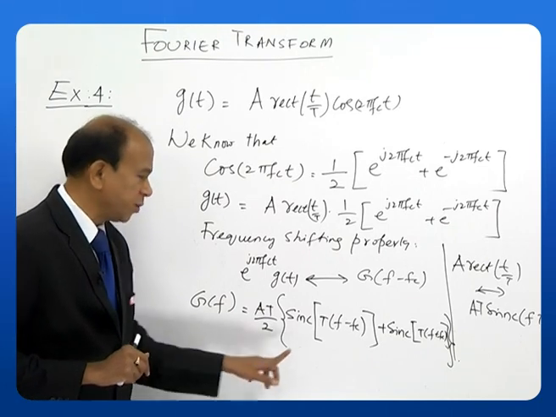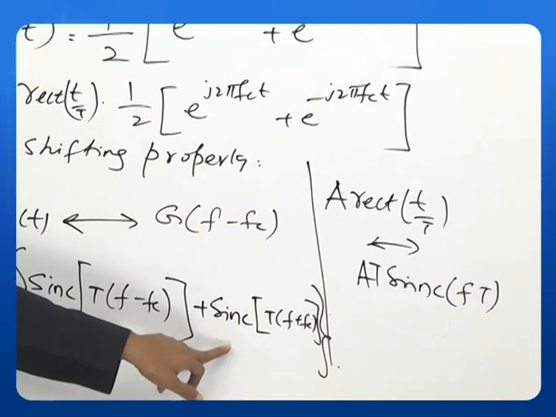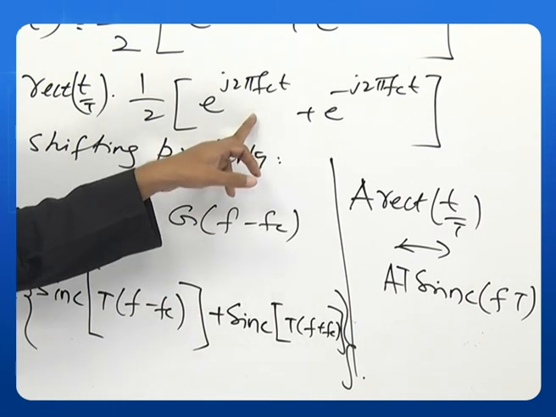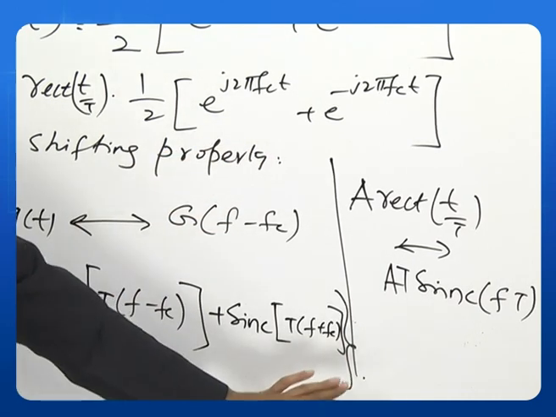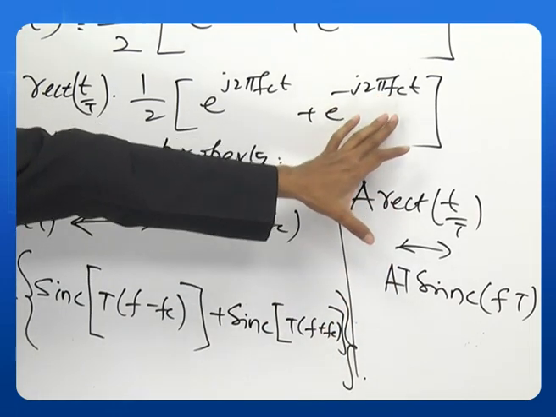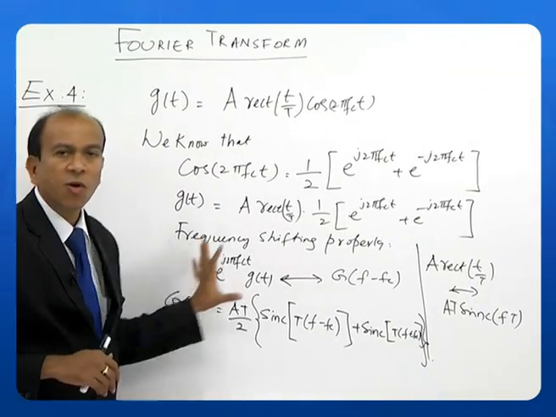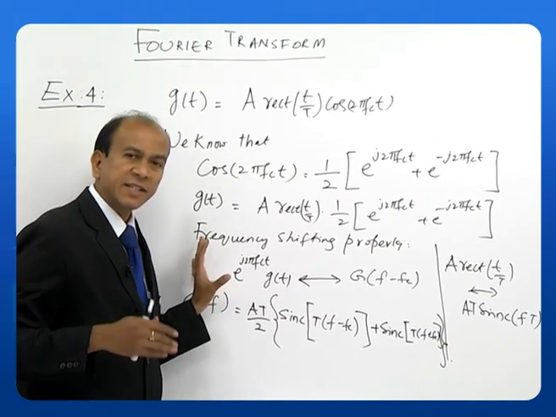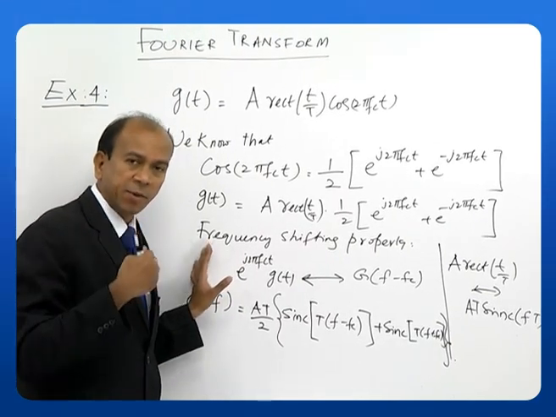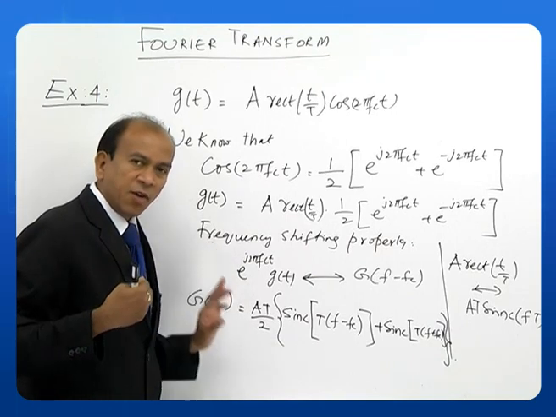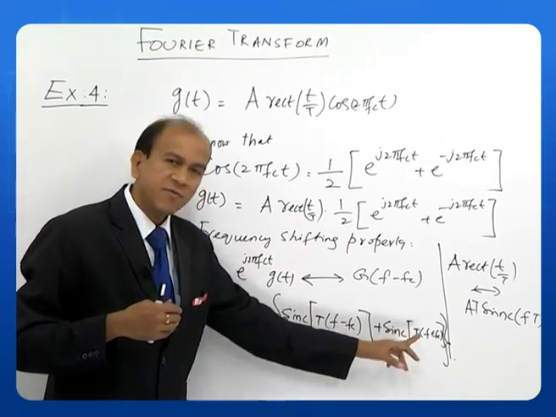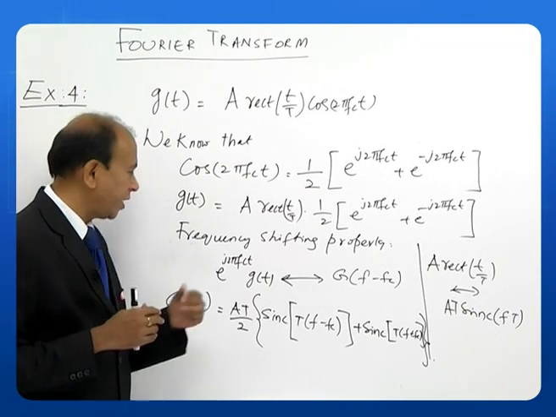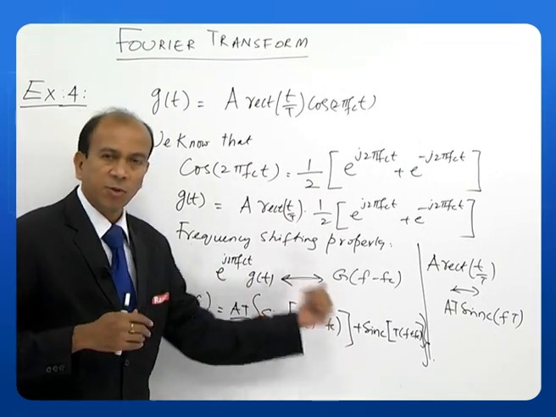So, it will be T by 2 [sinc of T(f minus f_c) plus sinc of T(f plus f_c)]. This first function is multiplied by e to the power of j 2 pi f_c t, and the second by e to the power of minus j 2 pi f_c t. So, this is how it looks. So, what does it say? Whenever a function is exponentially multiplied in the time domain, we get a function shifted in the frequency domain by f_c on both sides.